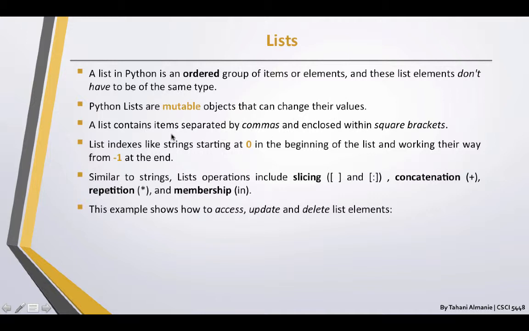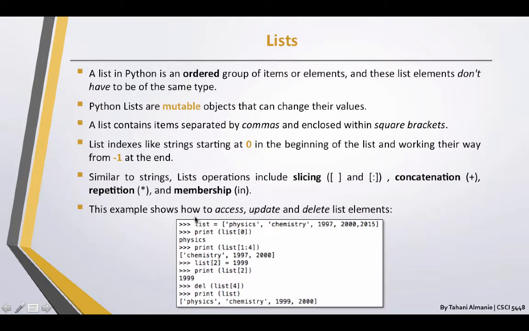Elements in the list are separated by commas and enclosed within square brackets. The indexes, like strings, start at 0 and -1 at the end. Also similar to strings, list operations include slicing, concatenation, repetition, and membership.